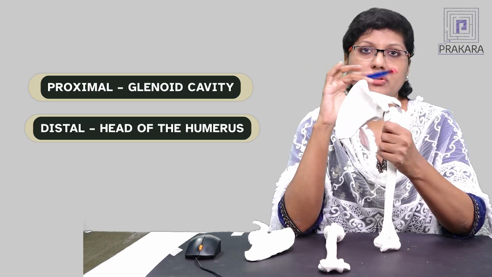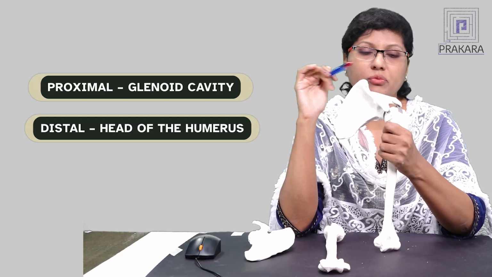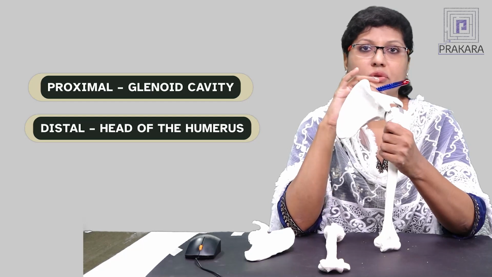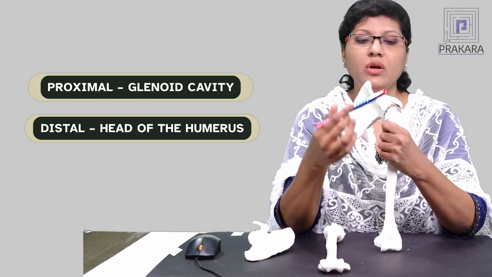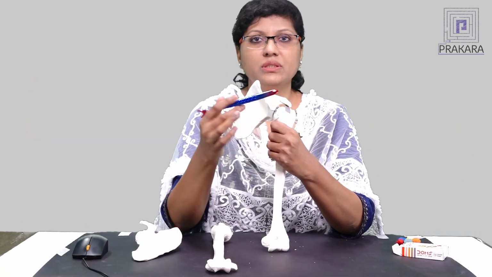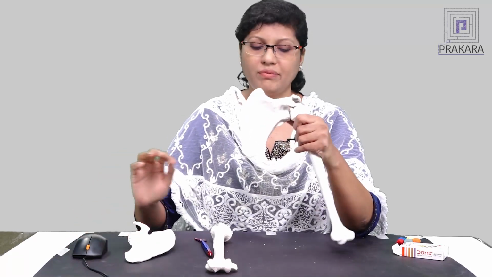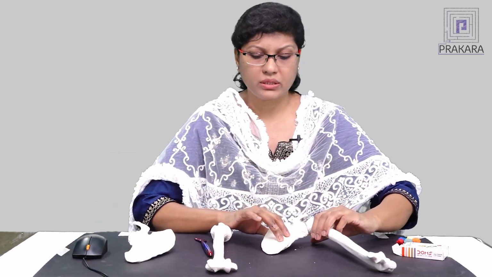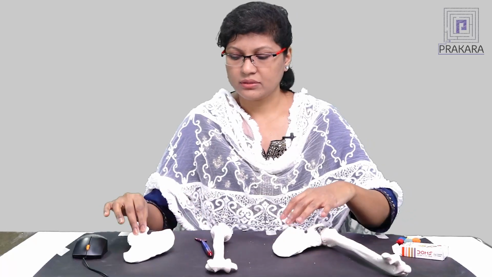The head of the humerus comes under the upper end of the humerus; not the whole upper end contributes to the shoulder joint, only the head of the humerus forms the shoulder joint. Then we will see these articulating surfaces in detail.